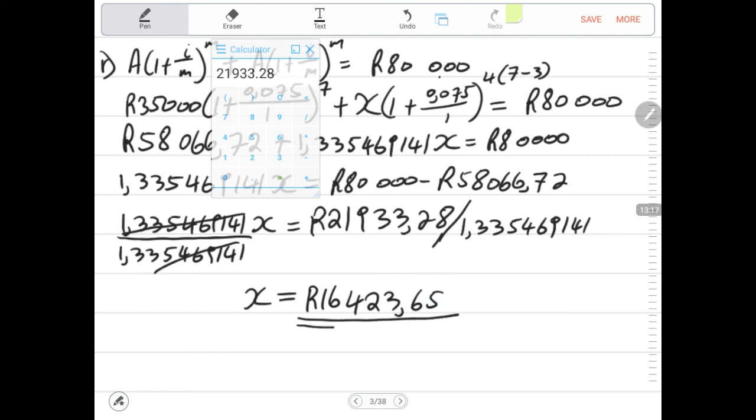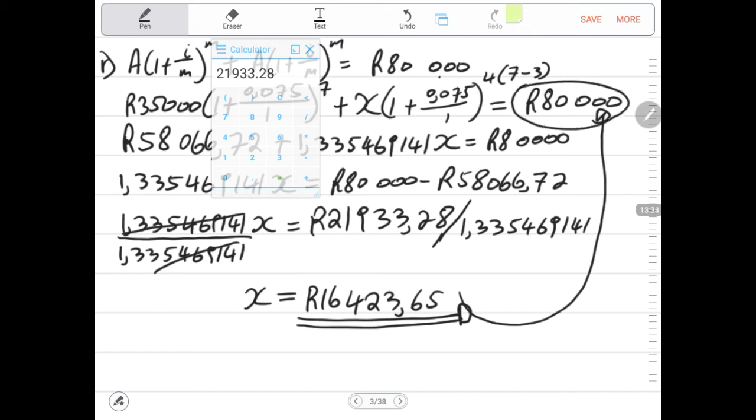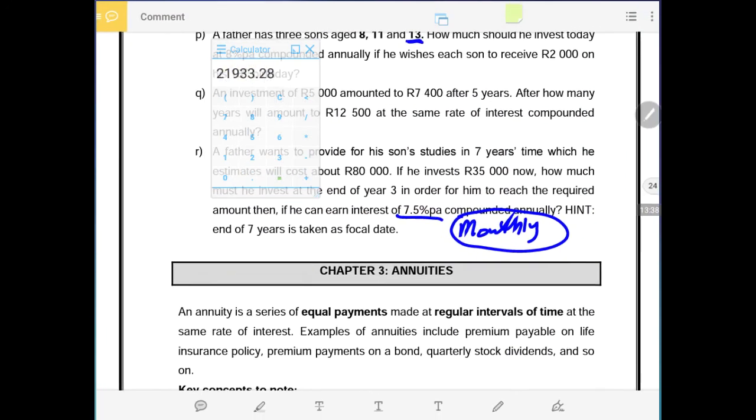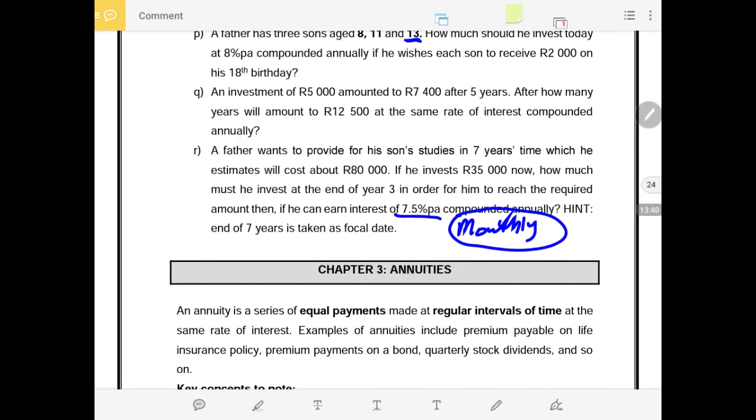So this is the amount that must be invested at the end of year 3 in order for this father to reach the target of 80,000 rands at the end of 4 years from the end of 3 years, or for the period of 7 years, so that his son can be able to go to the school that he wants him to go to.